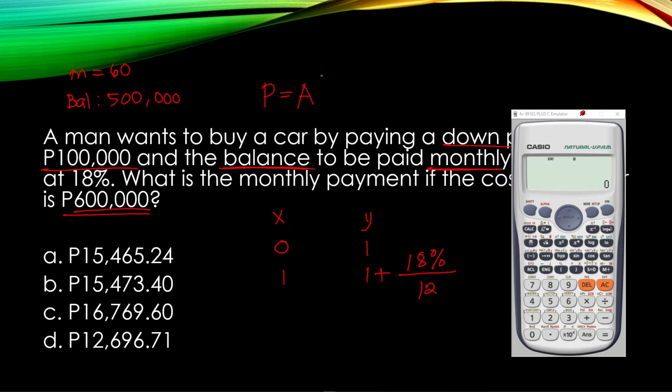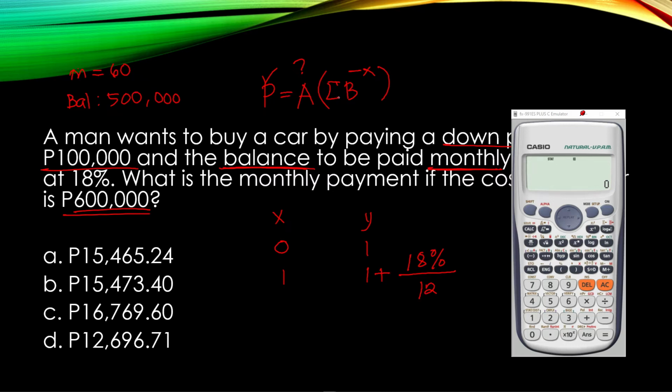Diba? We have P is equal to a summation of B raised to the power of negative X. Okay. Solve muna natin, ano ba yung pinapahanap? Yung annuity yung pinapahanap. Meron tayong P. So, yung annuity yung pinapahanap sa atin. So, solve muna natin ito.